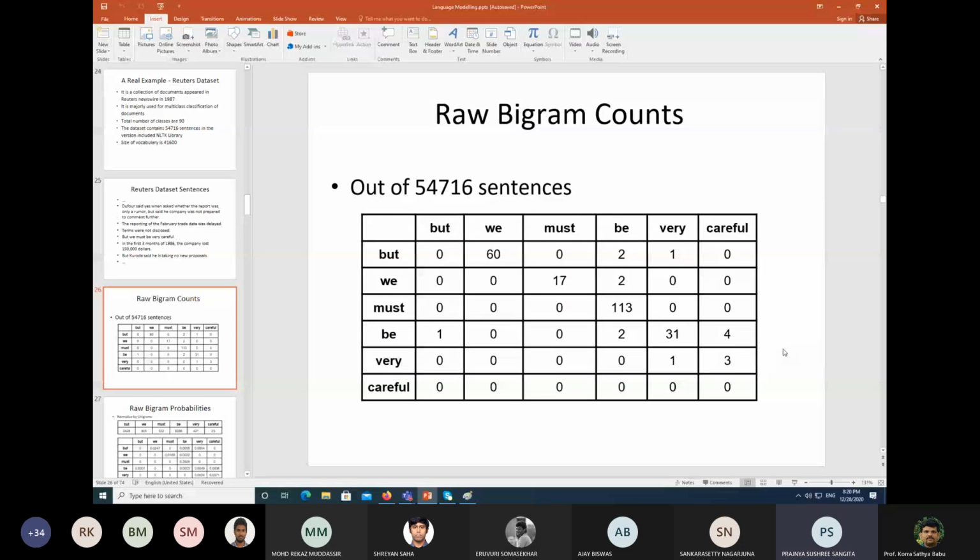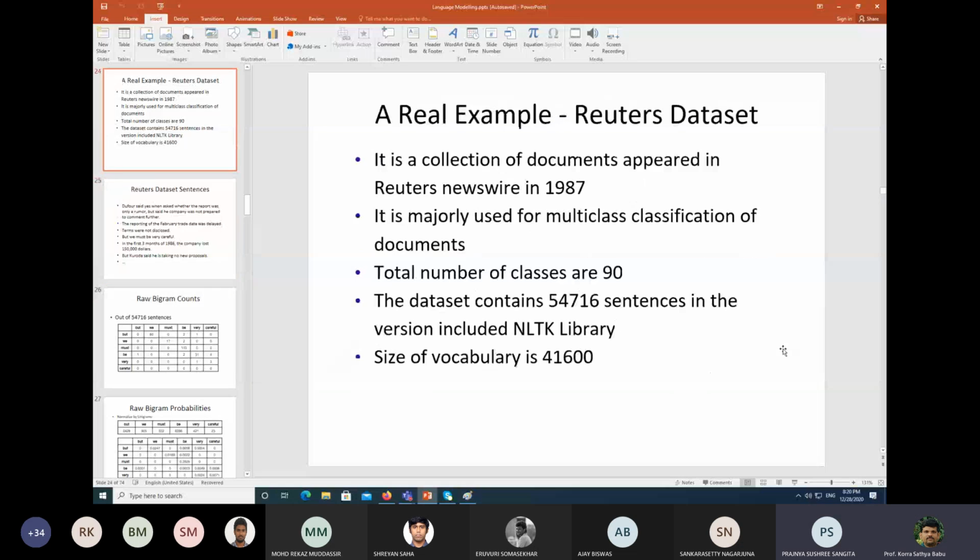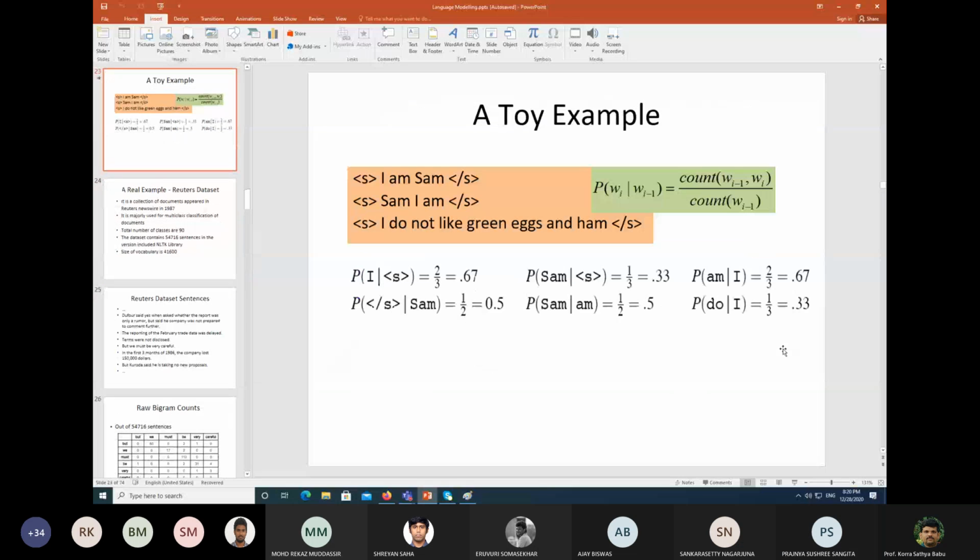Sir, if I am Sam, I am had been the only data set, and we were to calculate the probability with respect to sentence, then the probability would have been the same, right? No, it is not with respect to sentence. It is with respect to the occurrence. How many times has it occurred?